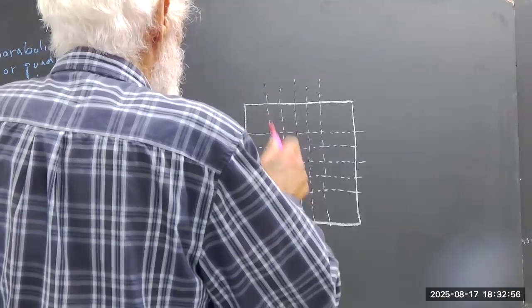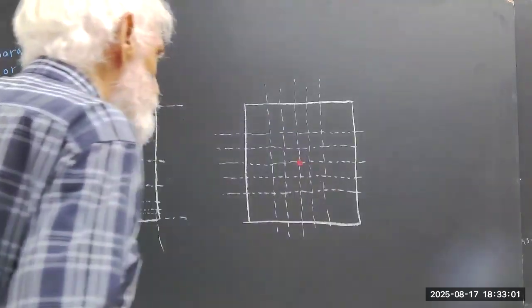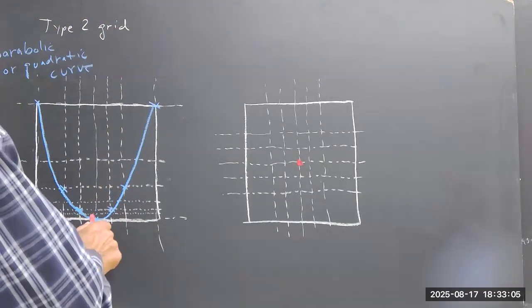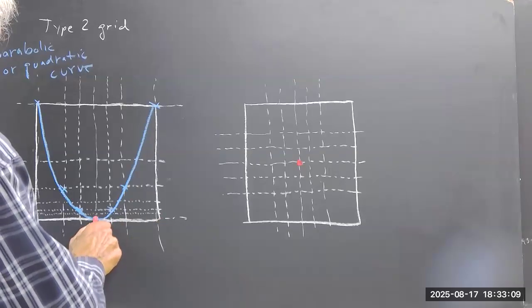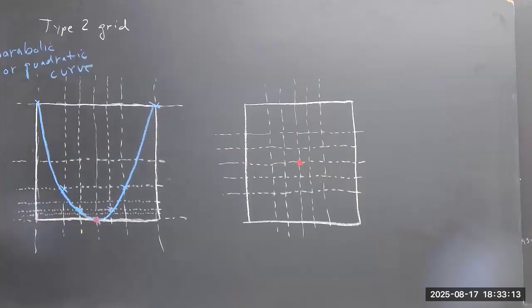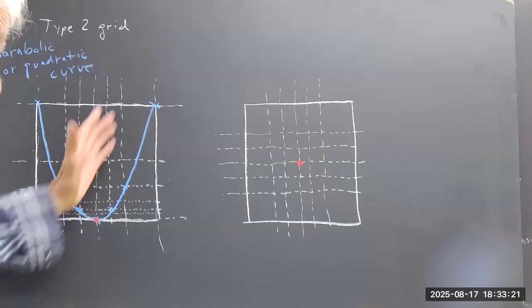The red dot for type 3 grid is right in the middle. The red dot for type 2 grid is on the lower edge at the middle. That would be what you call the vertex of the parabola. And for type 1 grid, the red dot is again at the lower edge at the center. Same place for the exponential curve.